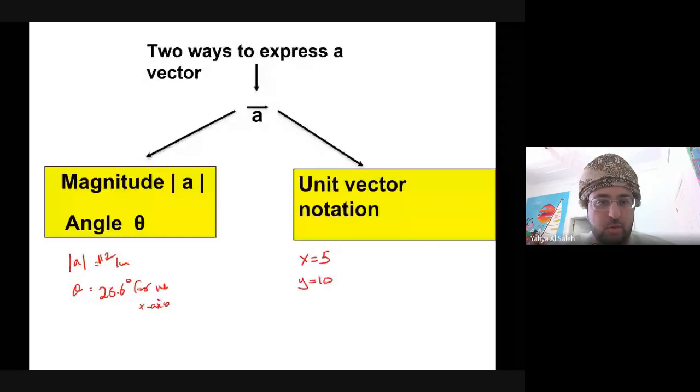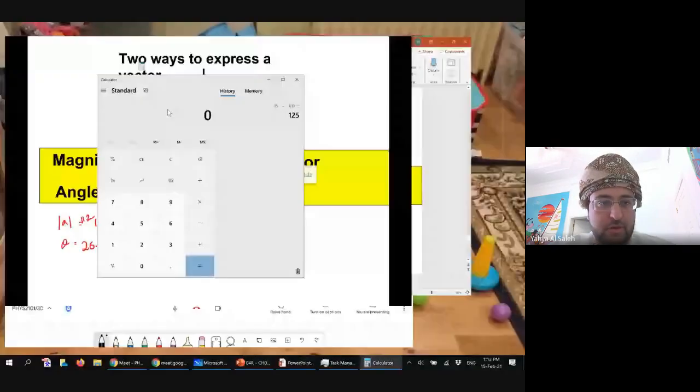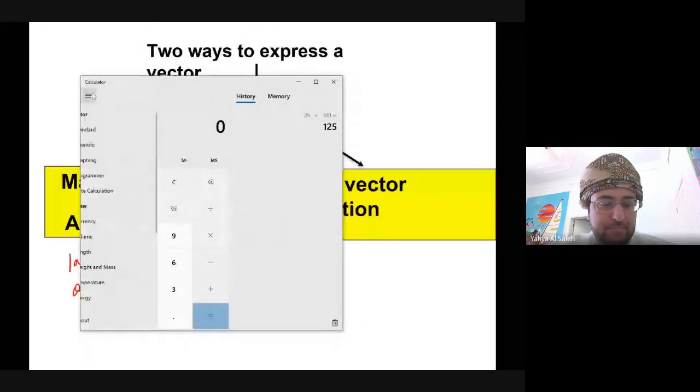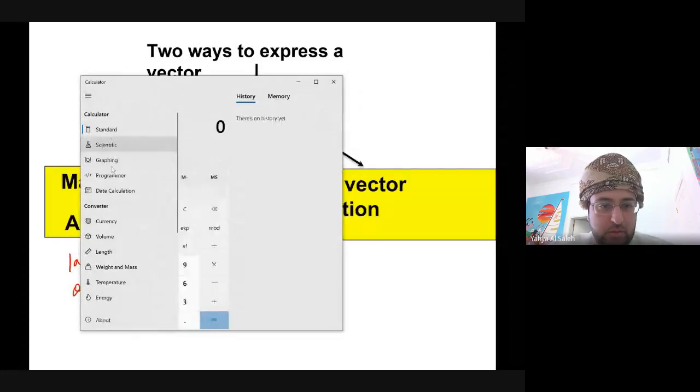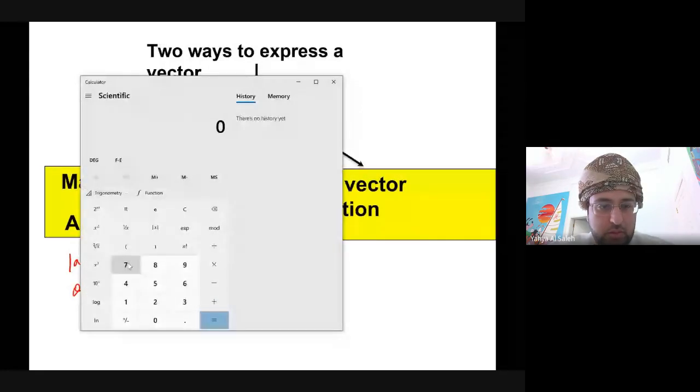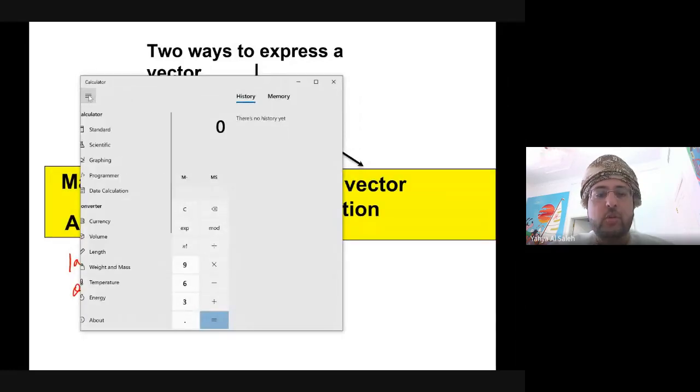Oh, what is the tan inverse of 2? وبنعمل ده ازاي؟ Can someone look at what is the tan inverse of 2?